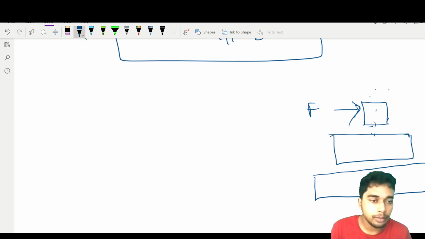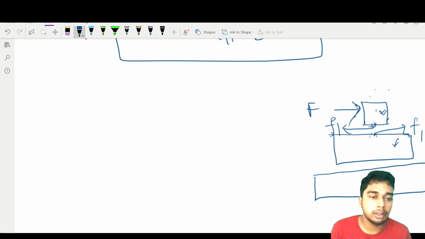So on this block the frictional force will be backward. But then the frictional force on this block due to this one will be forward, f1, and I am considering this f1 because there is a contact in between.